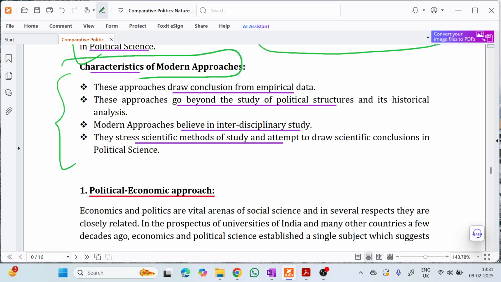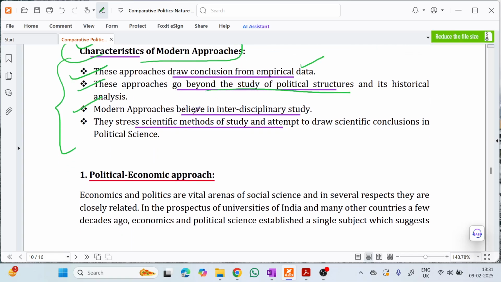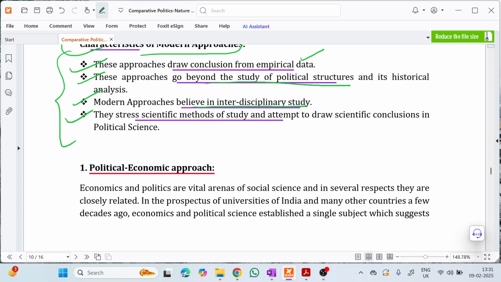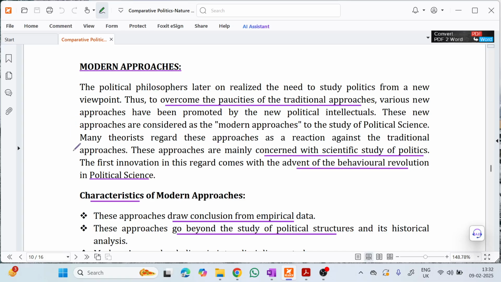So what are the characteristics of modern approaches? First, they draw conclusions from empirical data. Then these approaches go beyond the study of political structure and historical analysis. They believe in interdisciplinary studies, and they stress scientific methods of study to draw scientific conclusions in political science. So this is it.